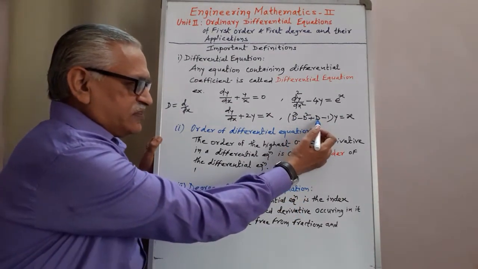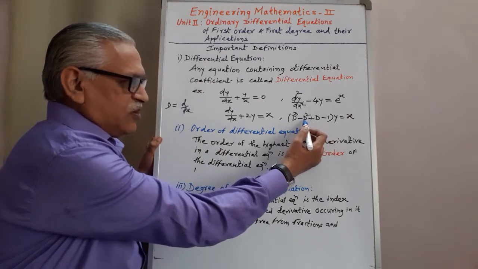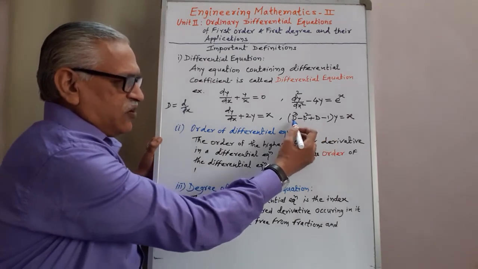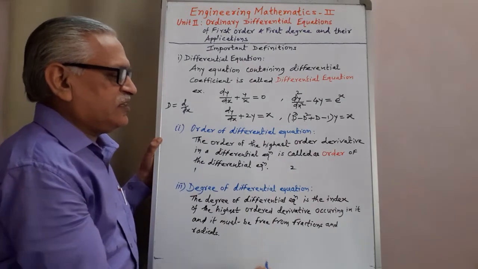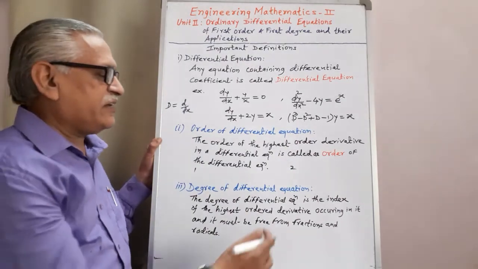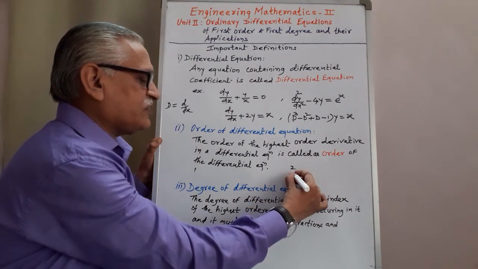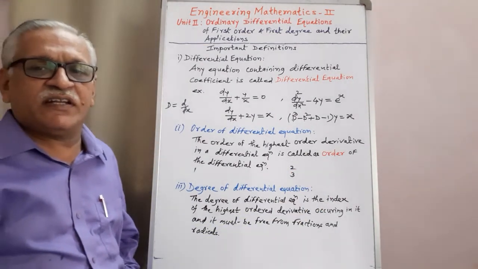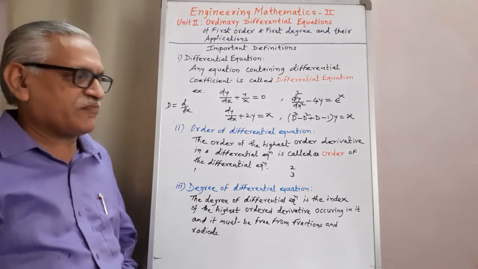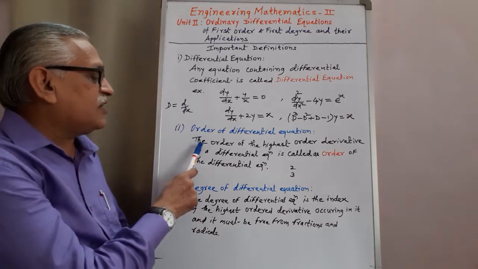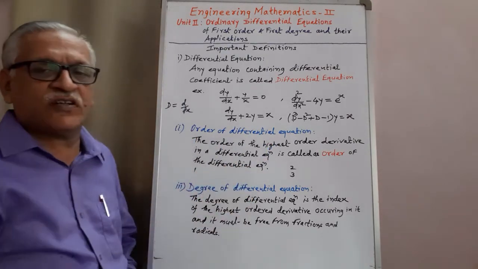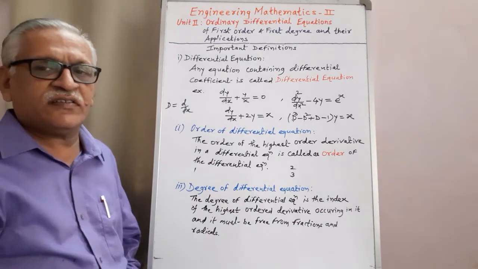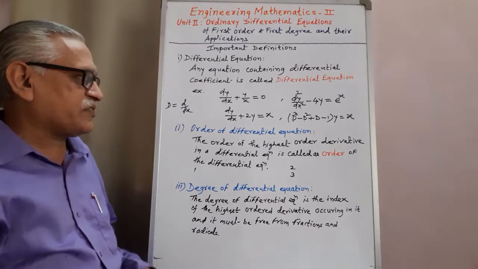Order of the first one is 1, order of the second one is 2, and order of this third term is 3. Which one is the highest order? And therefore, the order of that differential equation is 3. Like this, we can determine the order of that differential equation. Once again, I will repeat: the order of the highest order derivative is called as order of that differential equation.